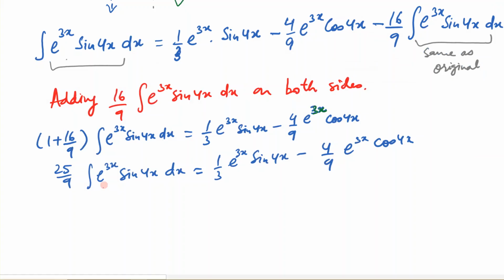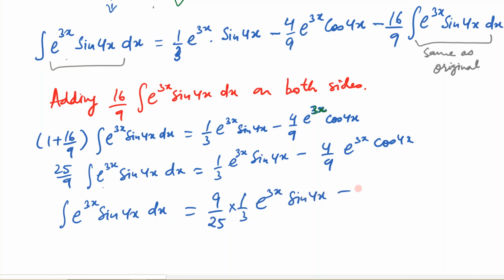Since our goal is to find this integral, in the next step we're going to divide both sides by 25 over 9, and we get the integral of e raised to power 3x sine 4x dx. And here we get 9 over 25 times 1 over 3 e raised to power 3x sine 4x. And again, dividing this side by 25 over 9, we get 9 over 25 times 4 over 9 e raised to power 3x cosine of 4x.